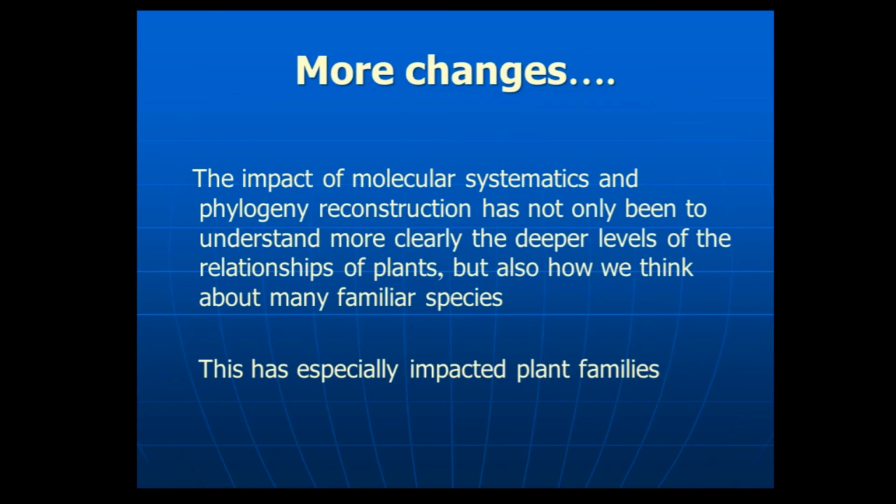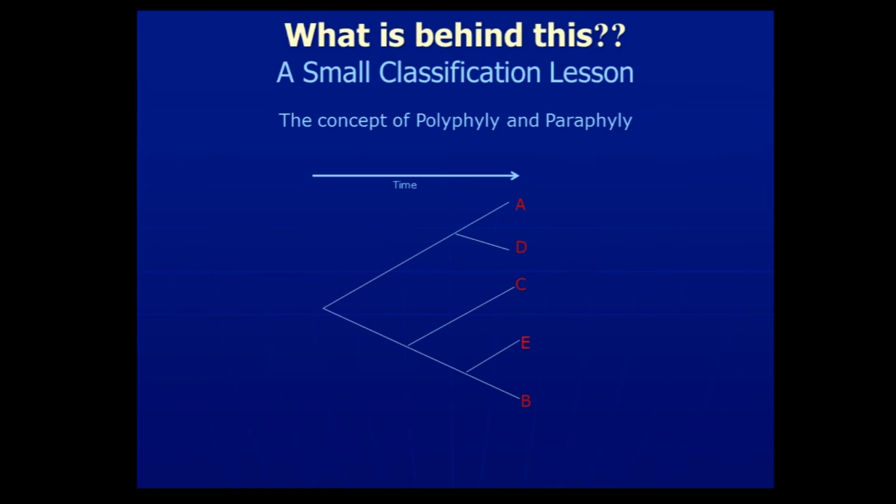One of the things that you can do when you can divide plants into groups and have a reliable ancestor-descendant relationship is you can start thinking about what makes a sensible group and what doesn't. And that is what's behind a lot of the name changes. Back to this diagram.